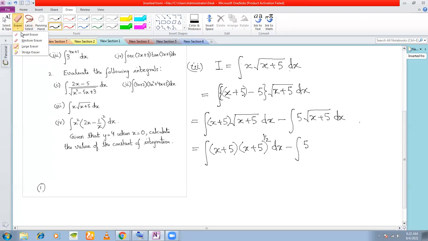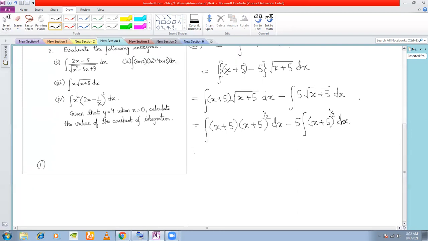You can take 5 out of the integration and write root x plus 5 as x plus 5 to the power of half dx. Okay. So now you can write this as integral (x plus 5) to the power of 3 by 2 dx minus 5 integral (x plus 5) to the power of half dx.